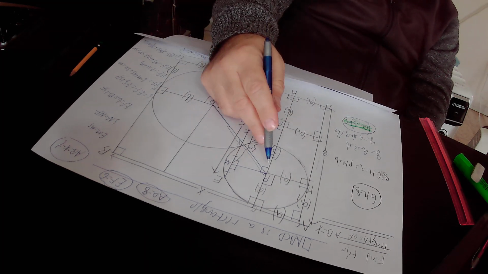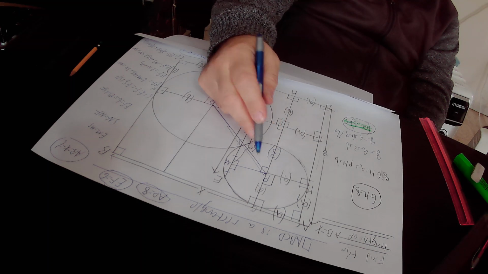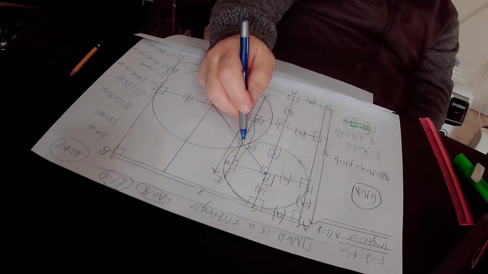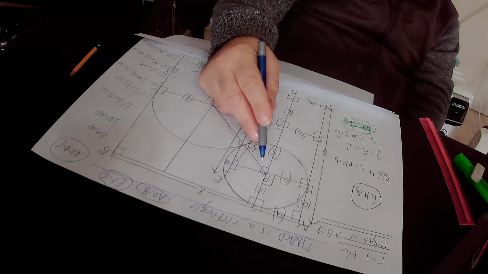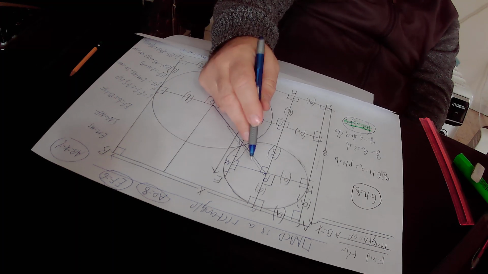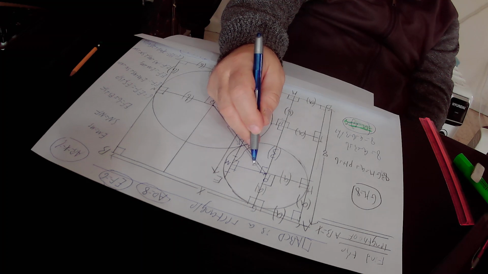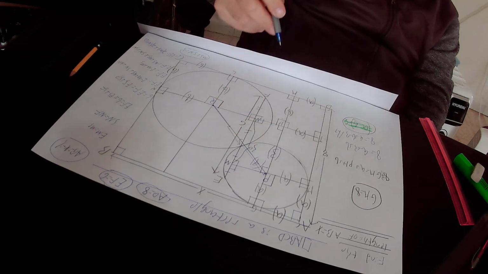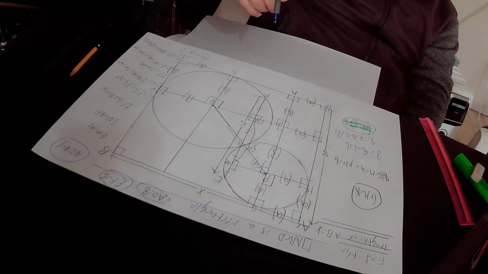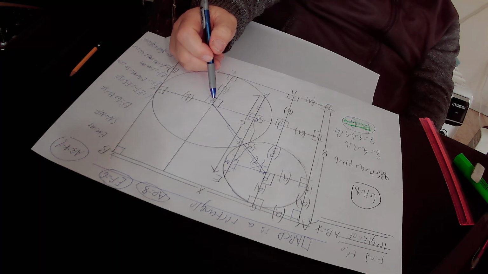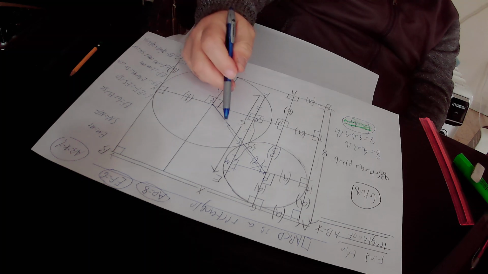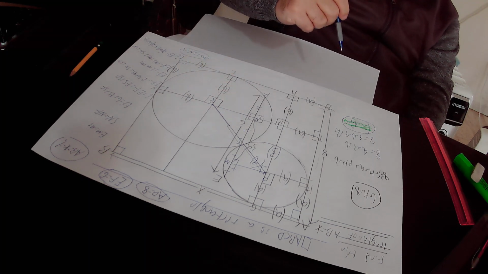What is the length of PS? P is the center of this small circle, and S is the point of the small circle itself. This is exactly the definition of a radius. Therefore, PS is the radius of this small circle that is equal to A, according to our definition. What is the length of SQ? SQ starts from point Q, that is the center of the big circle, and S is the point of the big circle itself.